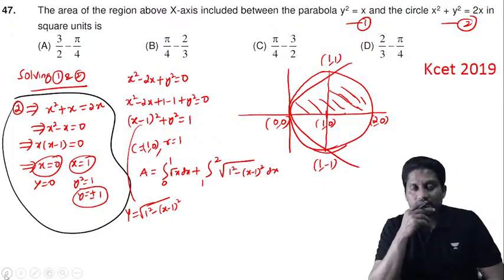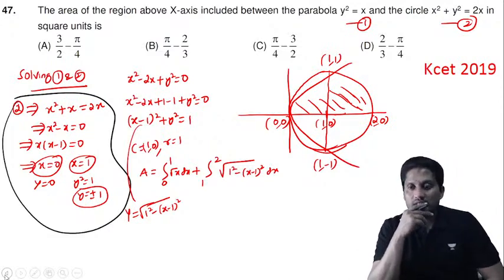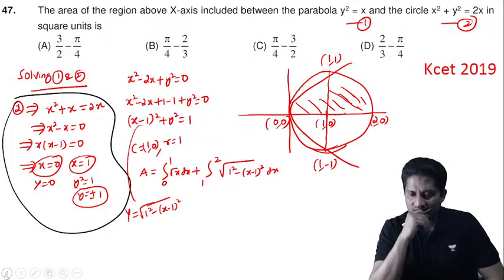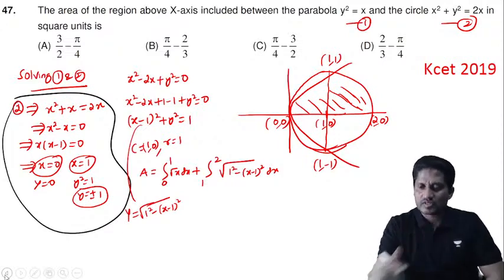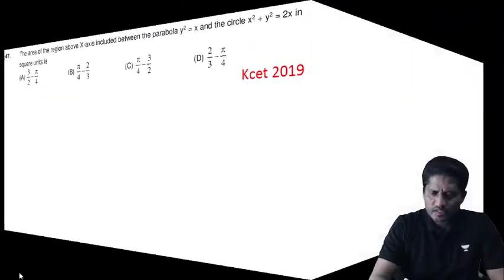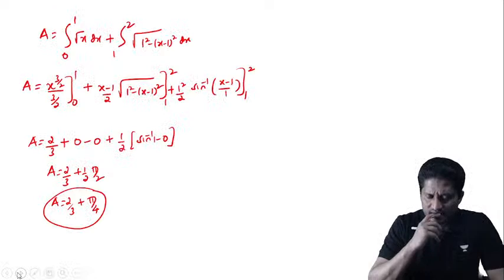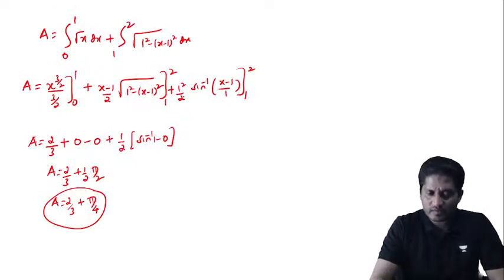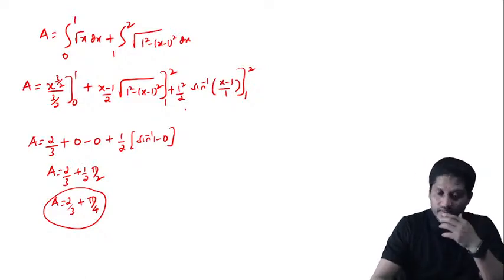Area of the region above x-axis included between the parabola and the circle. So this is 0 to 1. 0 to 1 is parabola, y equal to root x. 1 to 2 is a circle. 1 to 2 circle is root of 1 square minus x minus 1 the whole square, correct? x by 2 into root of a square minus x square plus a square by 2, 1 by 2 sin inverse of x by a.